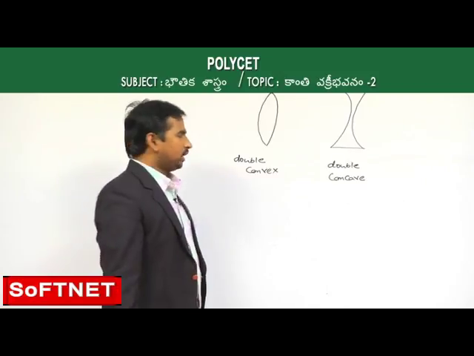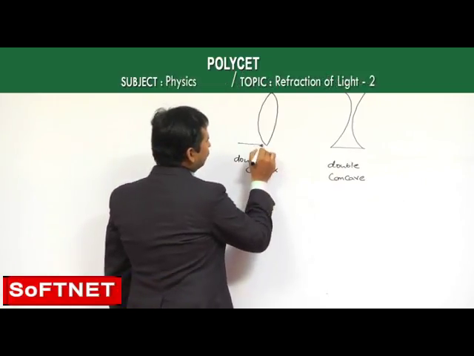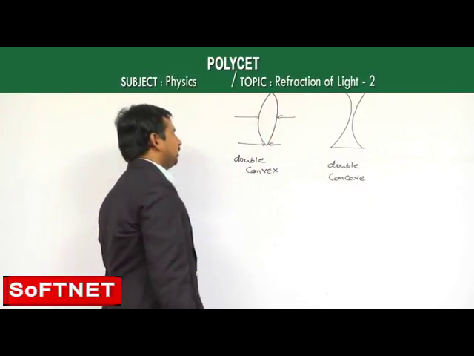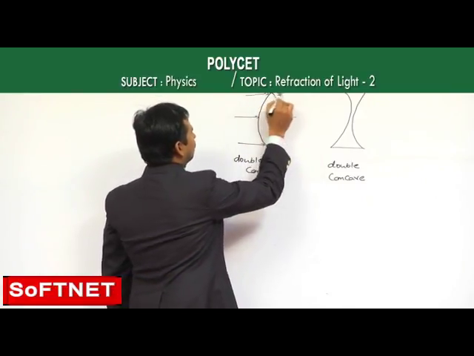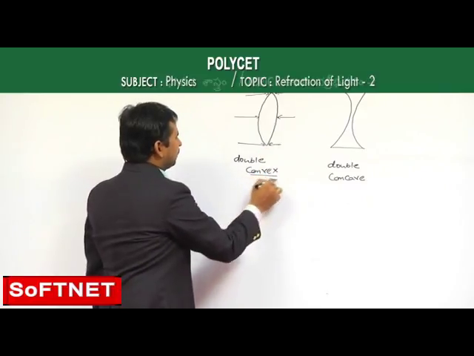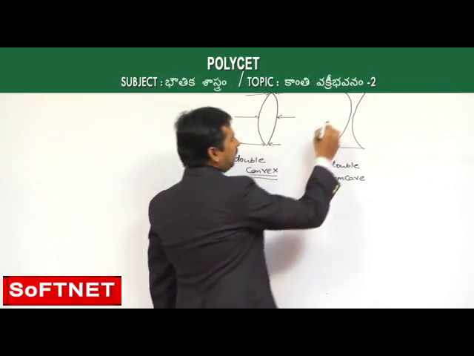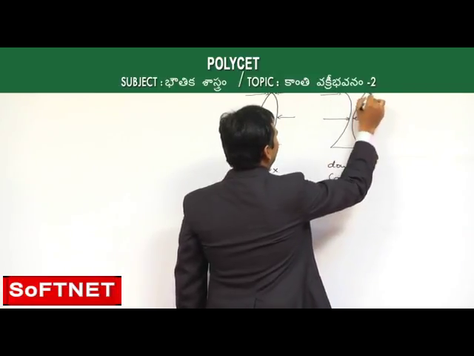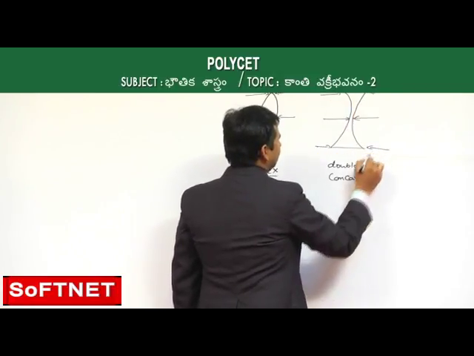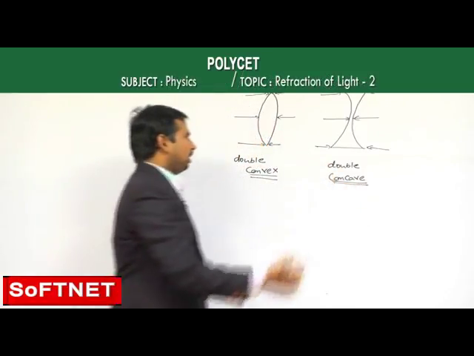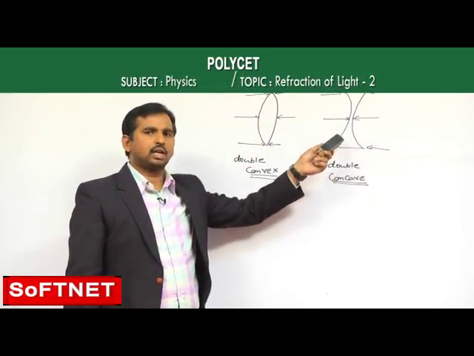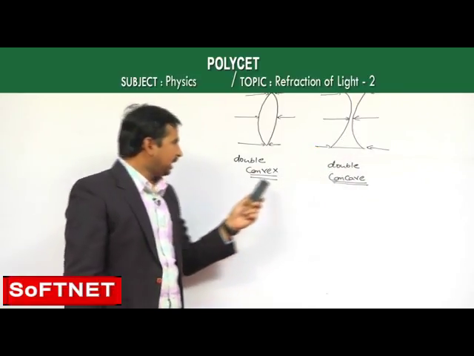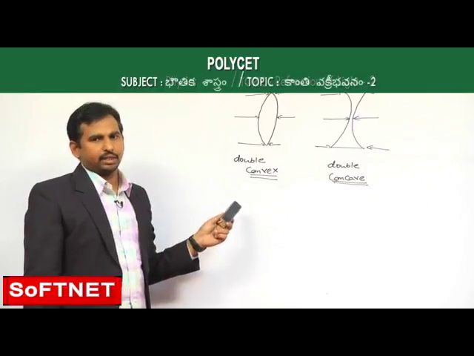As I said before, if the edges are thin and the middle has more thickness, we call that a convex lens. Whenever the middle has less thickness and the edge has more thickness, we call that concave. As both sides have the concave nature, that's why it is called a double concave, and this is called double convex.